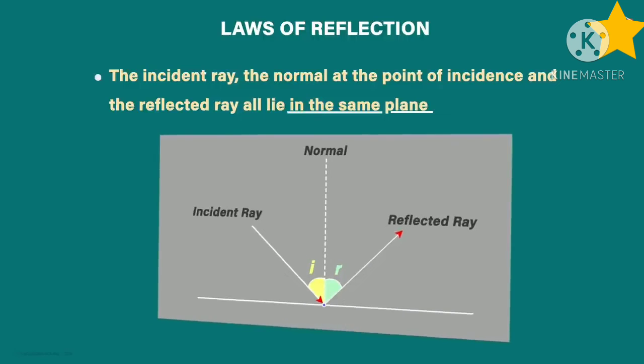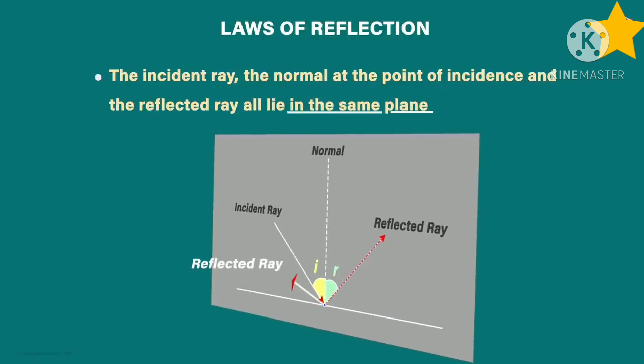See one small experiment. Suppose the reflected ray is here; it is not possible. The incident ray and normal lie in a plane, but the reflected ray is not in that plane. That is a violation of the second law, so it is not possible.